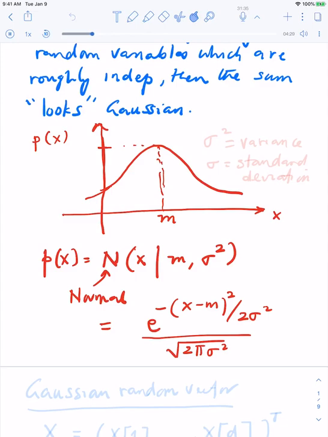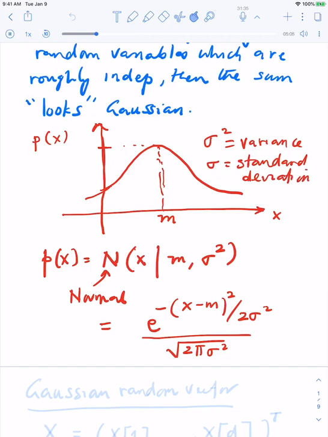And how fast it decays depends on how big the deviation is relative to sigma squared. And sigma squared is called the variance, and sigma is called the standard deviation, right? So these are just basics of Gaussian random variables. Let me write that down here. Sigma squared is the variance, and sigma is the standard deviation.